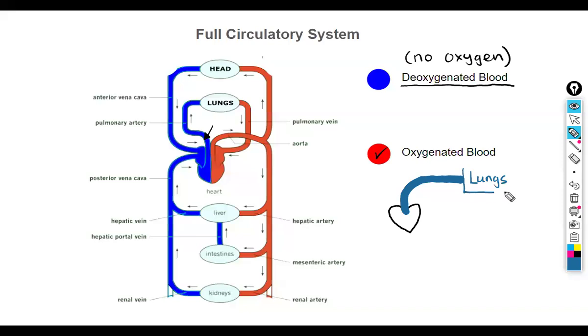That makes a lot of sense because you breathe in air with your lungs. So your lungs are going to have the oxygen. When the blood goes inside of the lungs, it will get oxygen. So when the blood comes out of the lungs, I can draw it what now? Red, to indicate that it has oxygen. Make sense so far, guys?